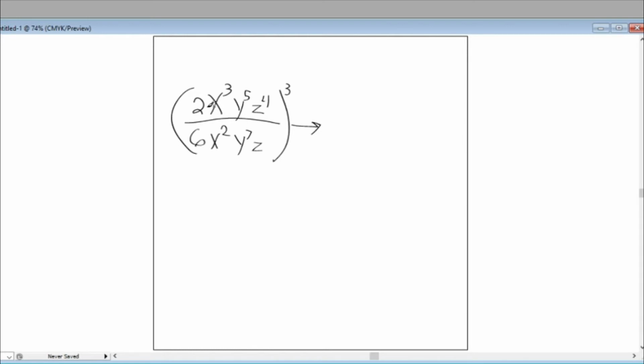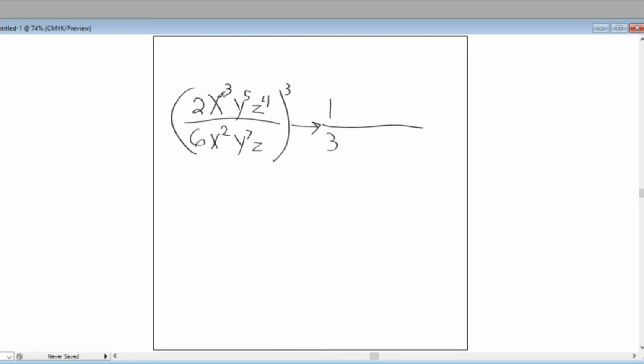The first thing we come across is 2 over 6. So 2 divided by 6, we can reduce that. Both of these have 2 in common. I can take the 2 out. 2 divided by 2 is 1. 6 divided by 2 is 3. Okay.